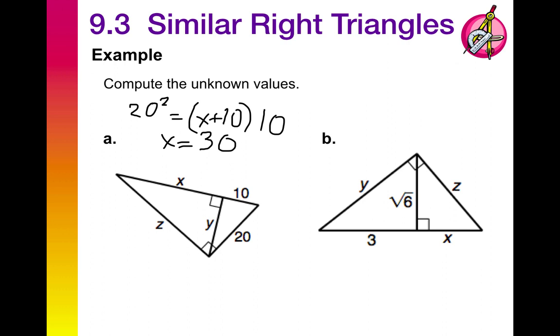We know that y is the geometric mean of both this segment and this segment. So we can say that y is equal to the square root of 30 times 10, which is 300, and that's going to be 10 root 3.